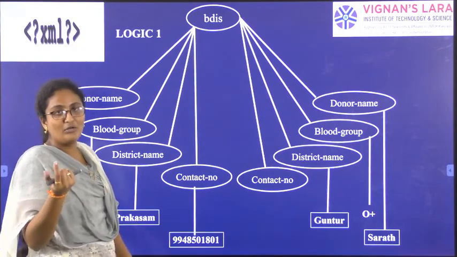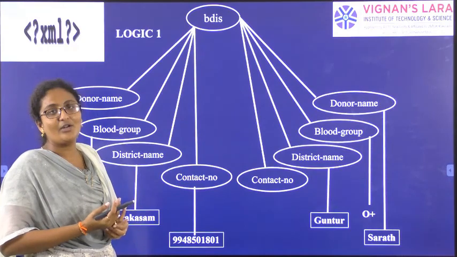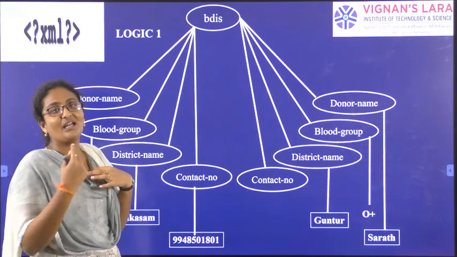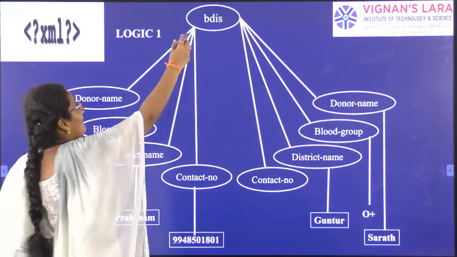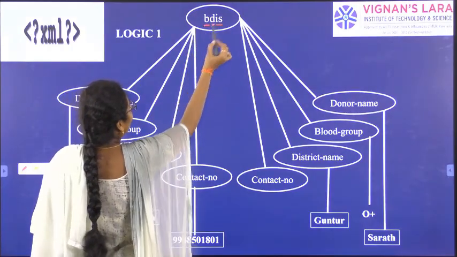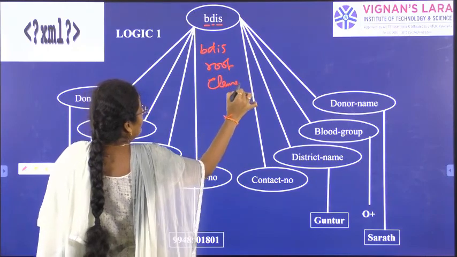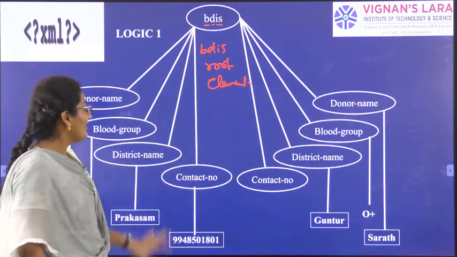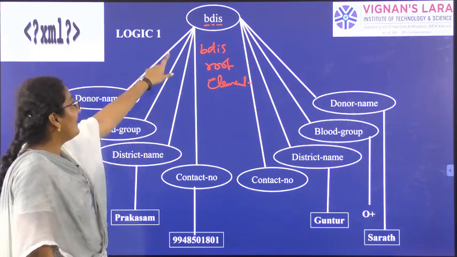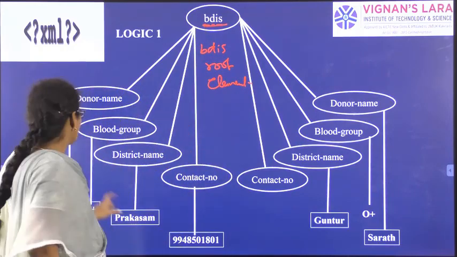As I already told you, in XML we don't have any standalone elements. When we don't have standalone elements, we need to arrange the data in a hierarchical manner, placing all the elements inside the root element. So here the root element is Blood Donors Information System, BDIS. This data is from the dataset and is about blood donors. So let us see.